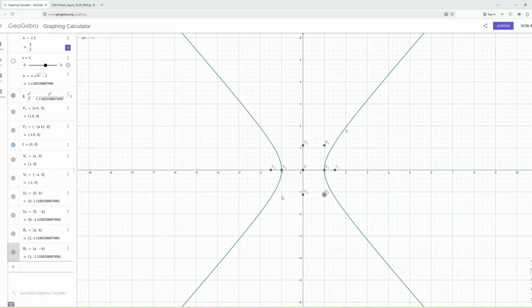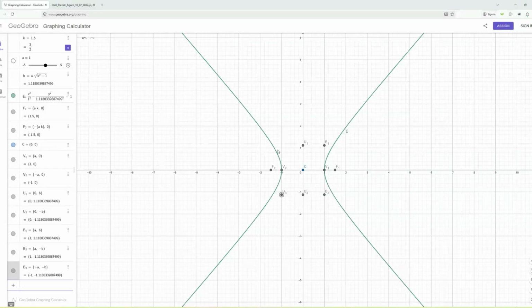So next we'll look at the point of intersection between the horizontal line through the co-vertex U2 and the vertical line through the vertex V2. That point of intersection has coordinates (negative a, negative b).